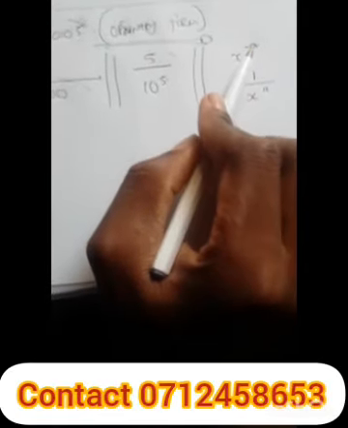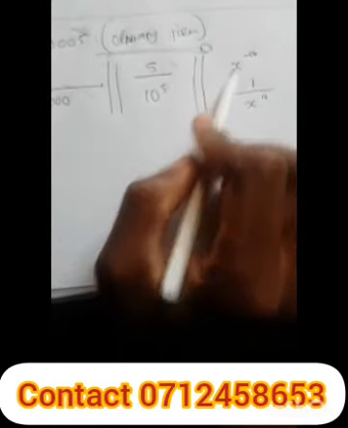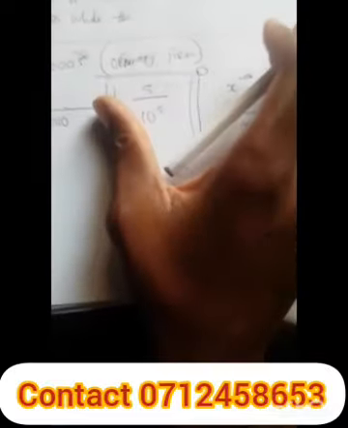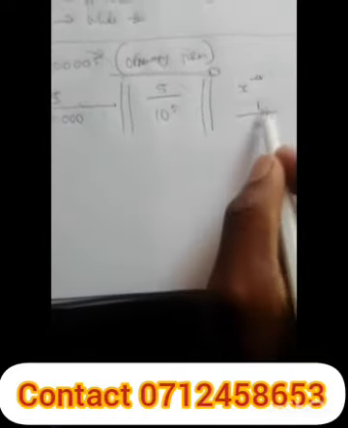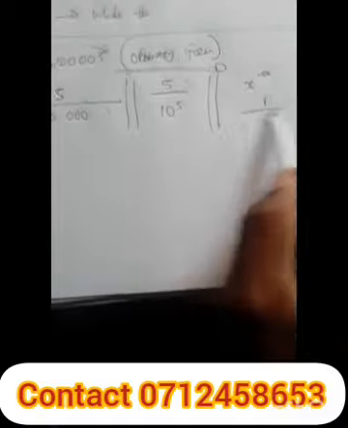Are we there? That is the law of indices, because we are not allowed to leave the power as a negative. But when it comes to standard form, you are allowed to leave it as a negative on the power, whether it is negative or positive.